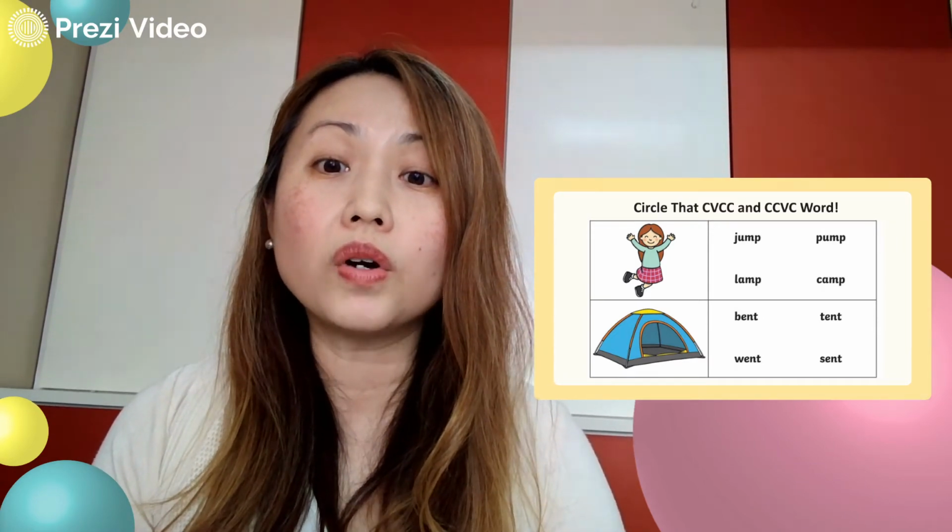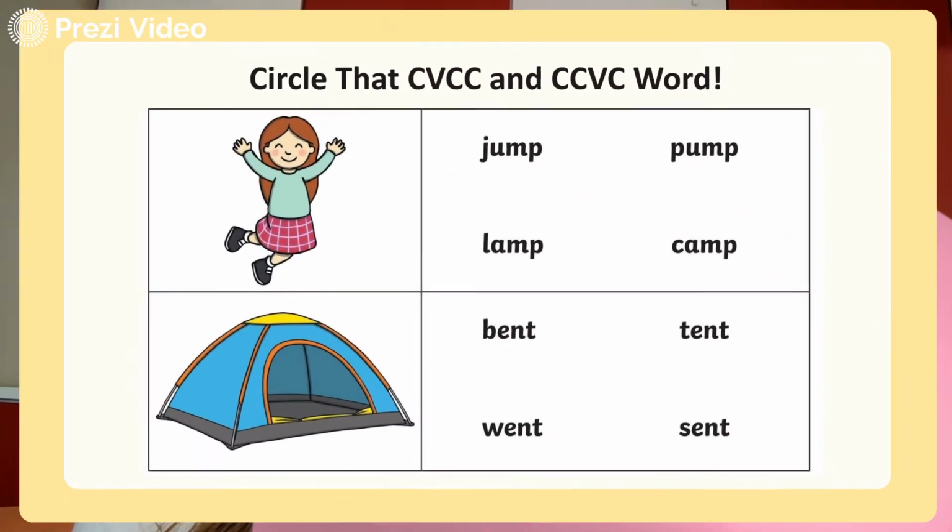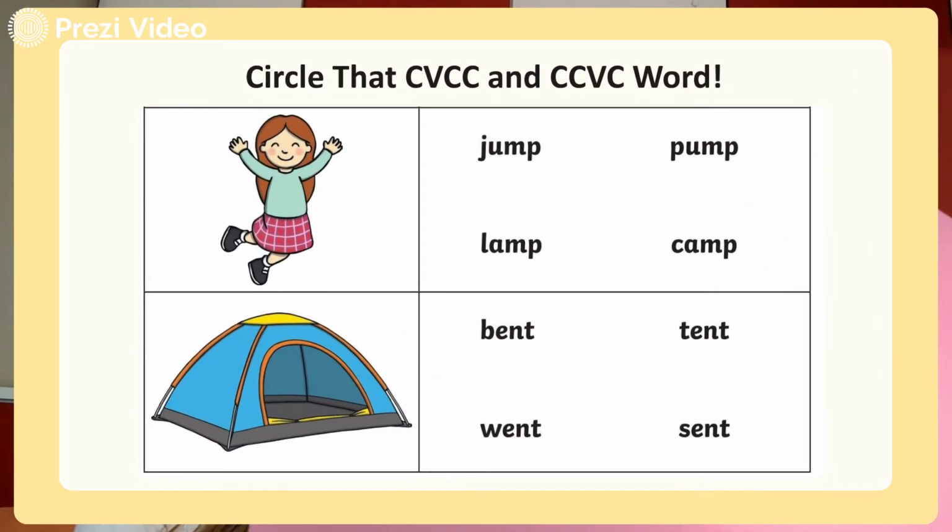So at this stage, you should have moved on to CVCC, which are consonant, vowel, consonant, consonant words, or consonant, consonant, vowel, consonant words. Let's have a look. So in visual 1, what is the word to describe this visual? Similar to visual 2.